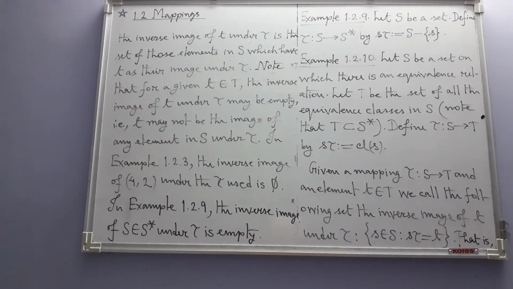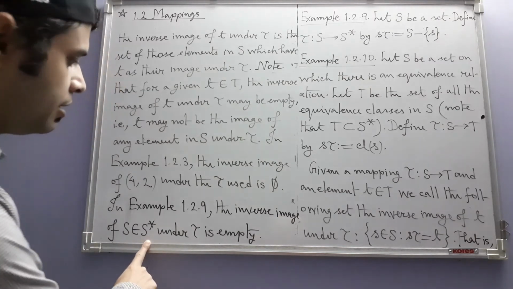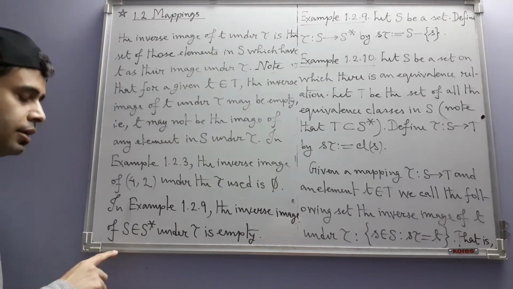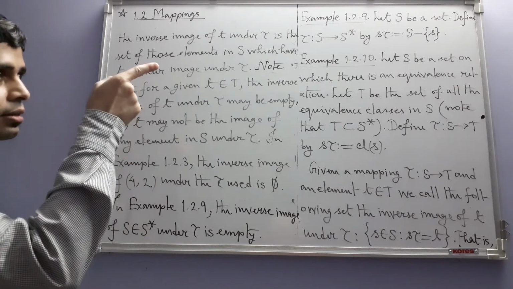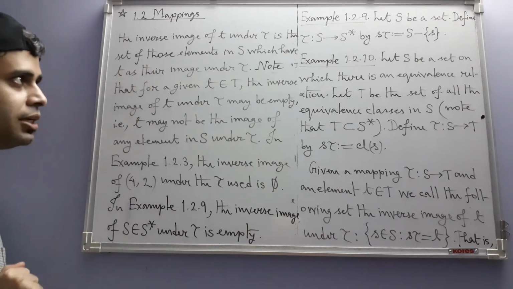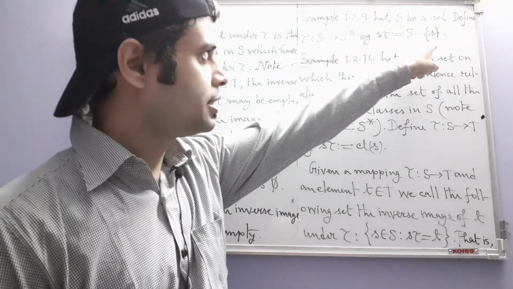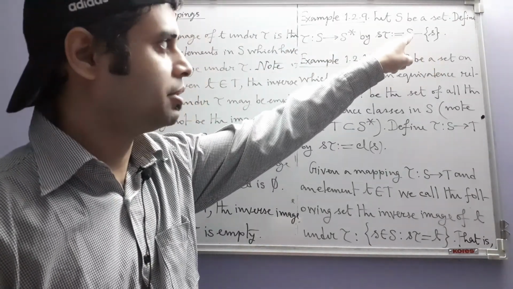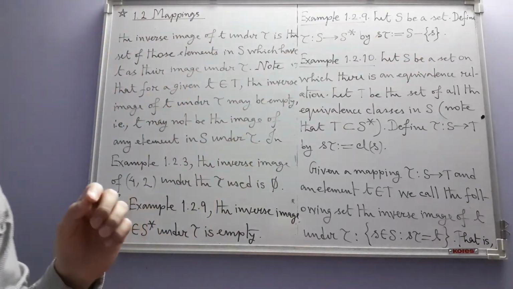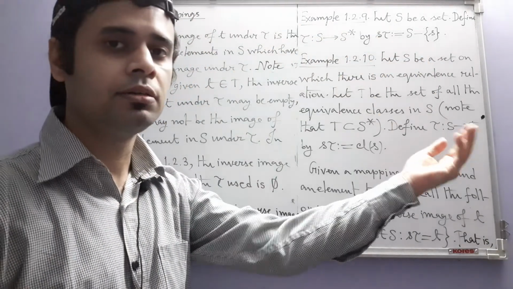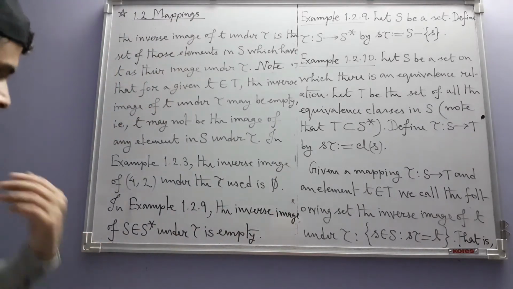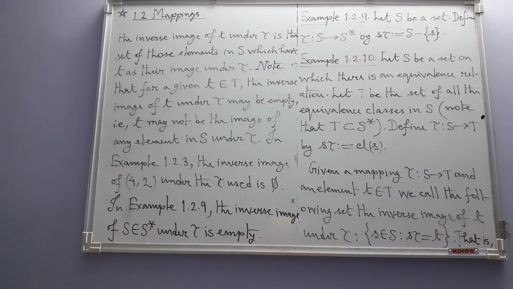Now, because S is also a subset of S, it is an element in S star, but if you want to find the inverse image of this under that function tau, then that will be empty. Why? Because you see, the images that we get under this mapping are all proper subsets of S, because one element is being removed from S. So no such image can be equal to S naturally. So that's why the inverse image of S remains empty.